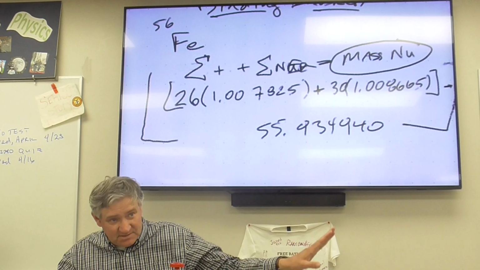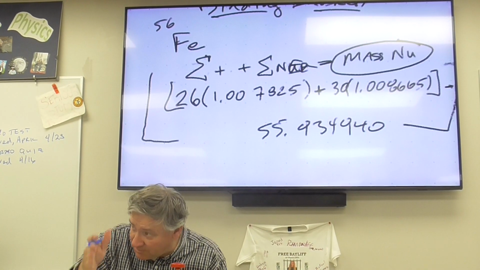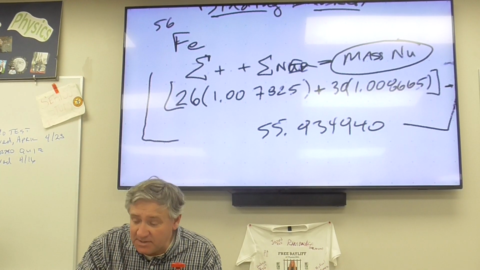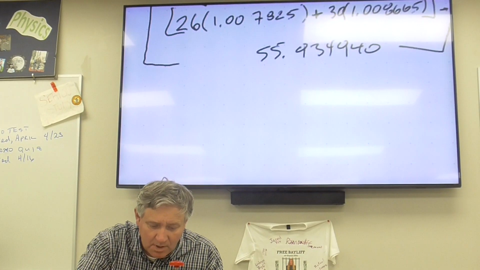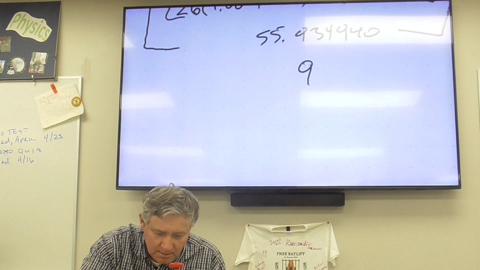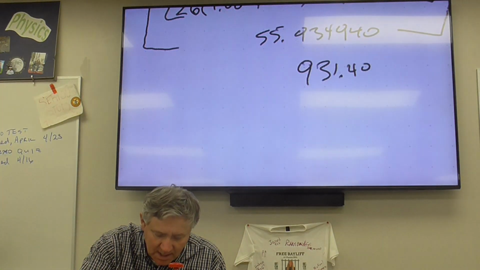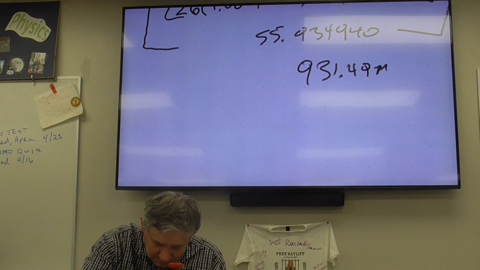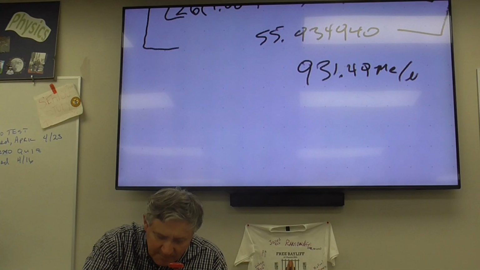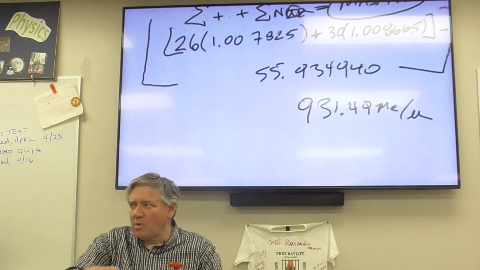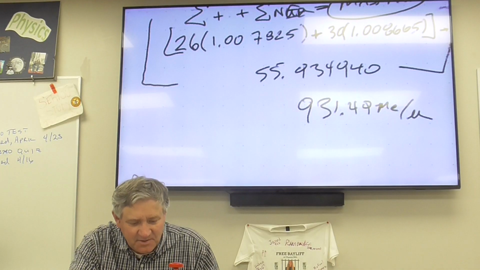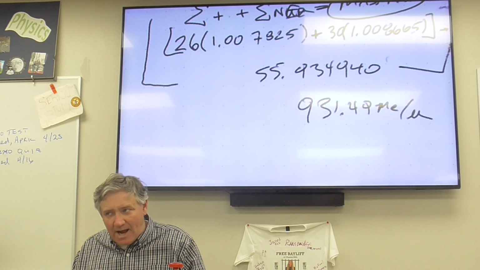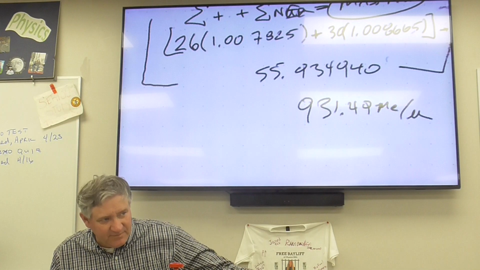Once you get that difference, that's just your mass difference, so then you need to multiply that by the value 931.49 MeV per atomic mass unit. This is why it has these weird units, because then your atomic mass units cancel out, and you're left with MeV.